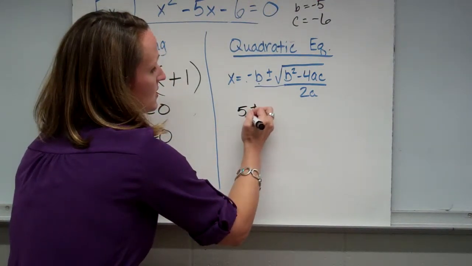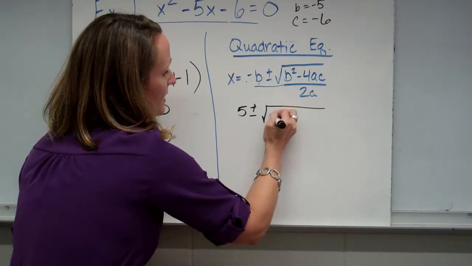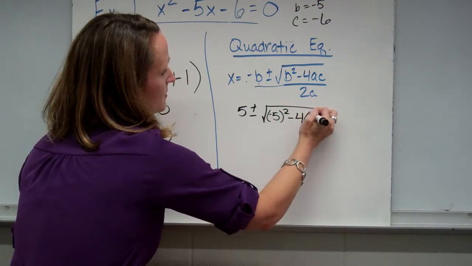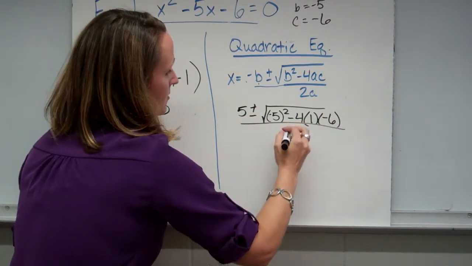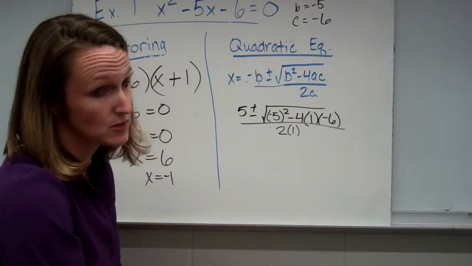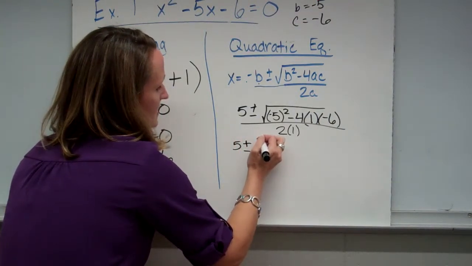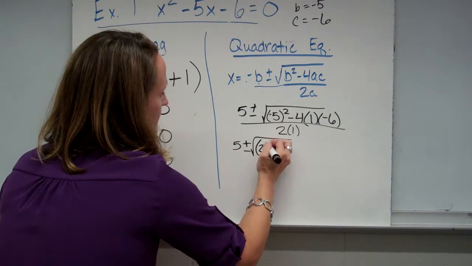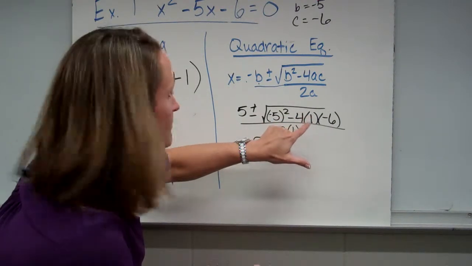Now we do plus and minus the square root of b squared, so negative 5 squared, minus 4ac, over 2a. All right, let's do some simplifying. So we still keep our 5 plus or minus. Now, square root. Negative 5 squared, of course, is just 25. Negative 4 times 1 is just negative 4.